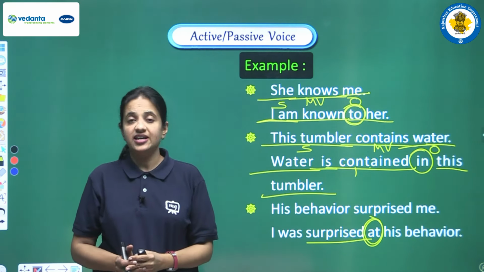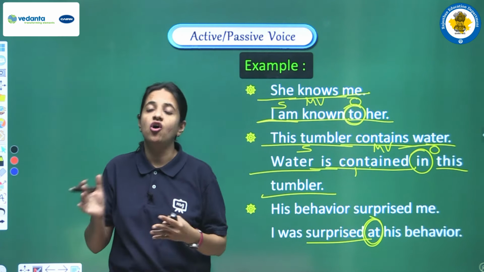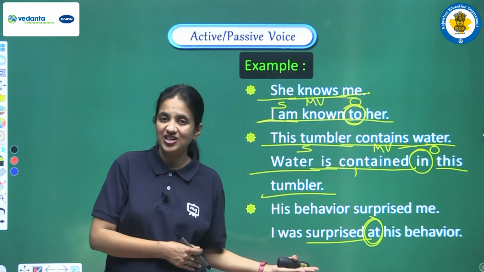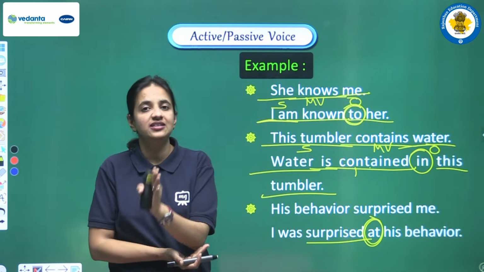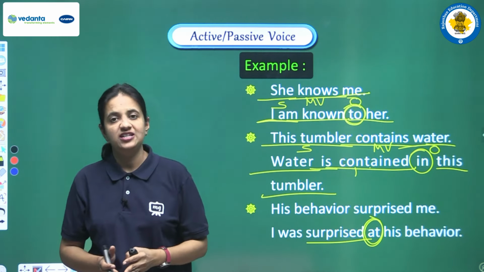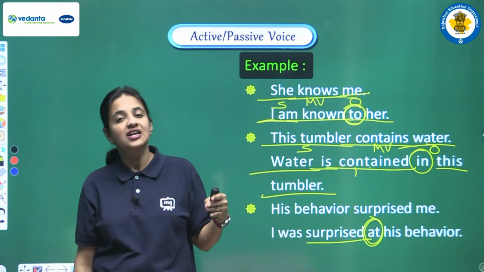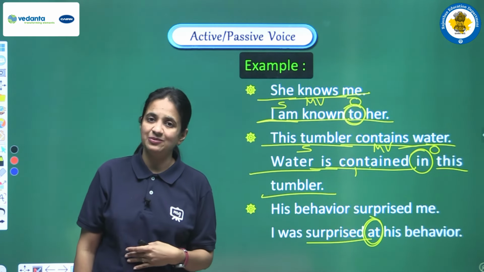So this point is again very important, and you have to learn the table, all these words and the prepositions used along with them. If you are given any of these words, then in the place of by you have to use the prepositions that we have read in the given table.